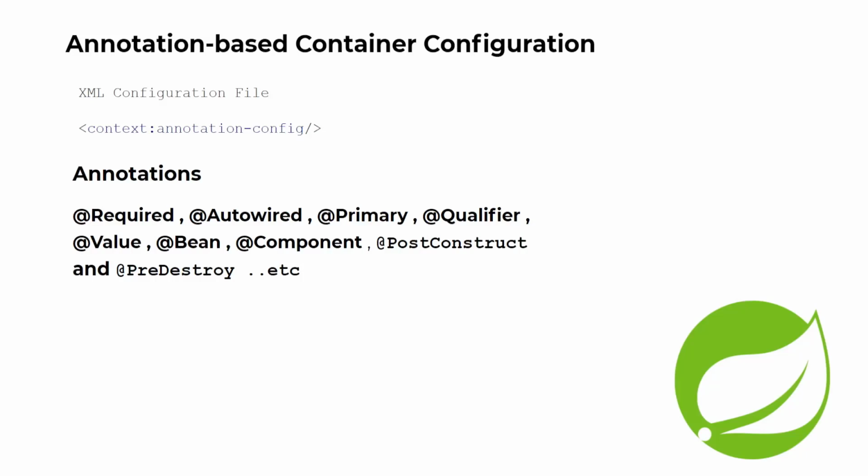So in the annotation based container configuration, we don't need to add the beans in the XML file. We can use annotations to create the beans and to do the dependency injection. We just have to add one element in the XML based container configuration, that is context annotation config. So let's see how we can do that.